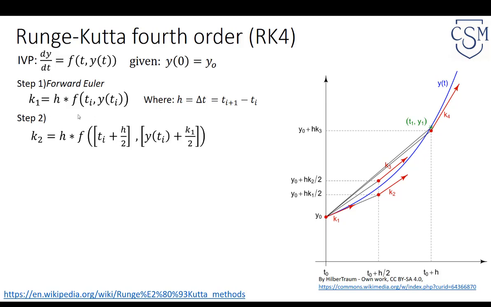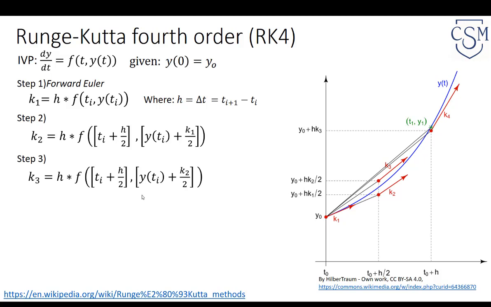So we plug in our k1 here. This is like RK2 right now, the predicted value of y at this new time step, using the forward Euler prediction.